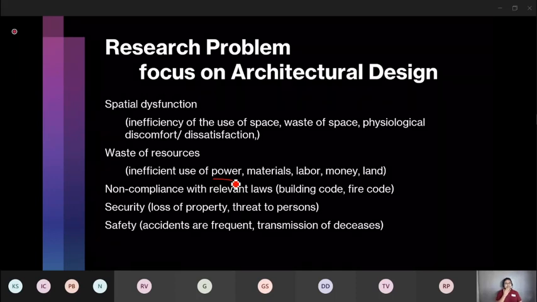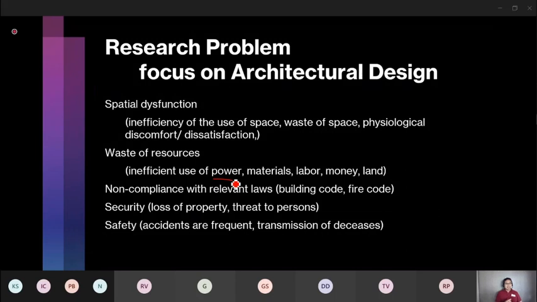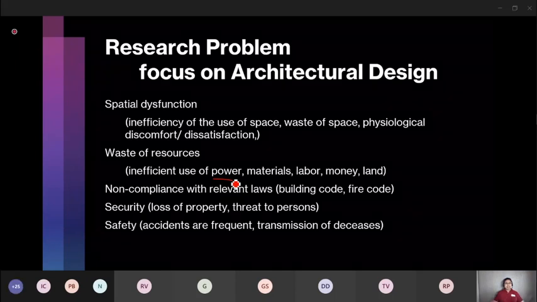Do not think for a moment that a building doesn't have any issue with the budget. Even with the most expensive building, I guess the budget will always be an issue. Of course they have a much bigger budget, but it's not unlimited.